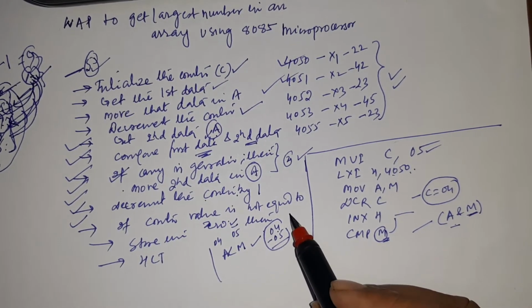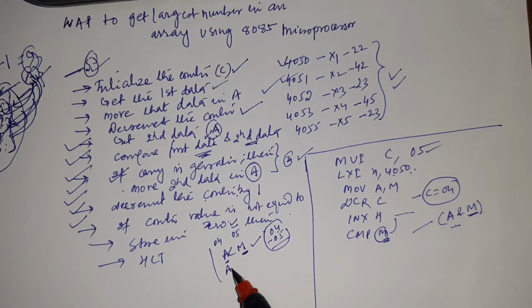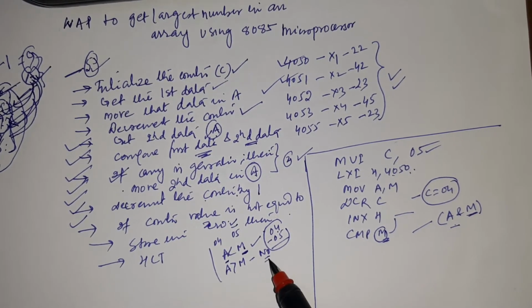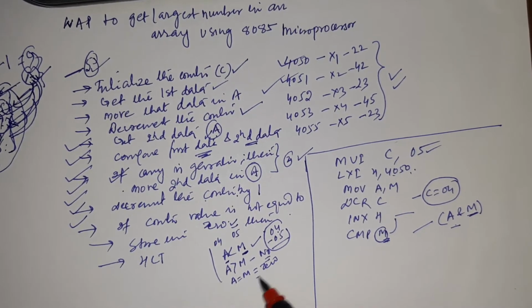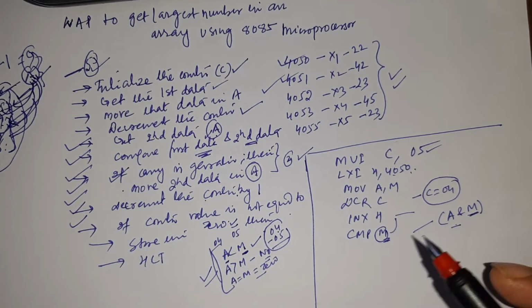Means if carry is generated, the content of the memory location is larger than the accumulator. If the accumulator is larger, there will be no carry. If A equals M, then the zero flag will be set. By this concept we find which number is larger.